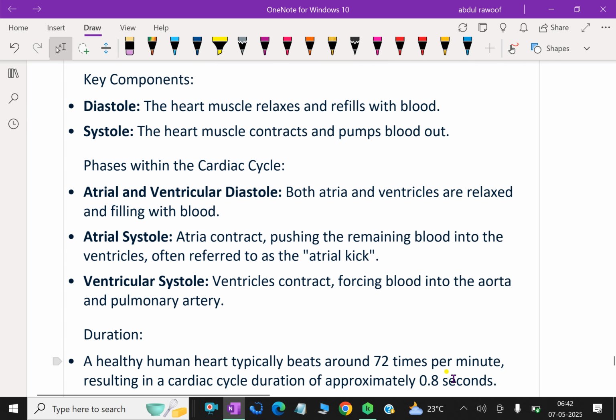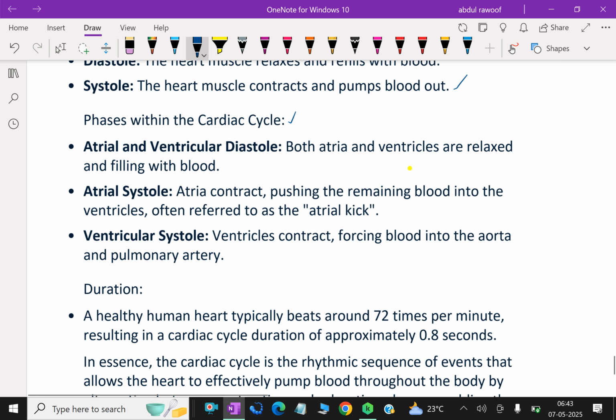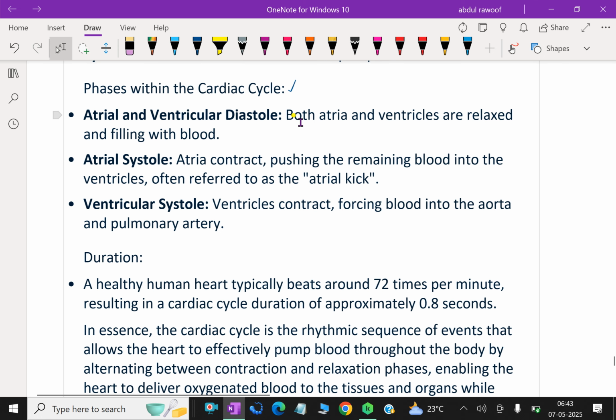What is diastole? The heart muscle relaxes and refills with blood. It's called diastole. Systole: the heart muscle contracts and pumps the blood out. Phases of the cardiac cycle. Atrial and ventricular diastole: both atria and ventricles are relaxed and filling with blood.